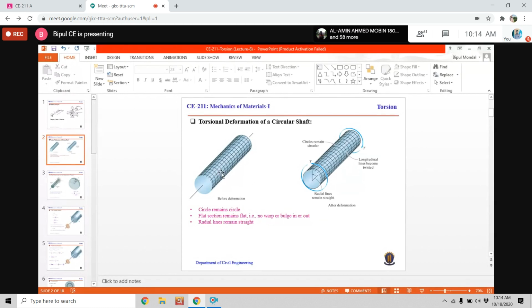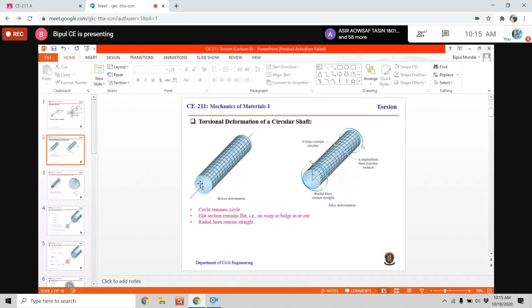Okay, circle has been rotated, but the shape of the circle remains same before applying torque and after applying torque. And another, there are many straight lines, and if we look at the second figure, then you will see the straight lines remain straight, although the straight lines have been twisted, but it remains straight.